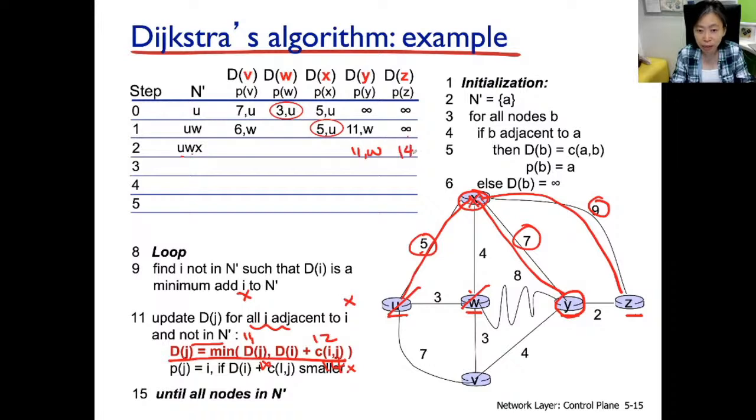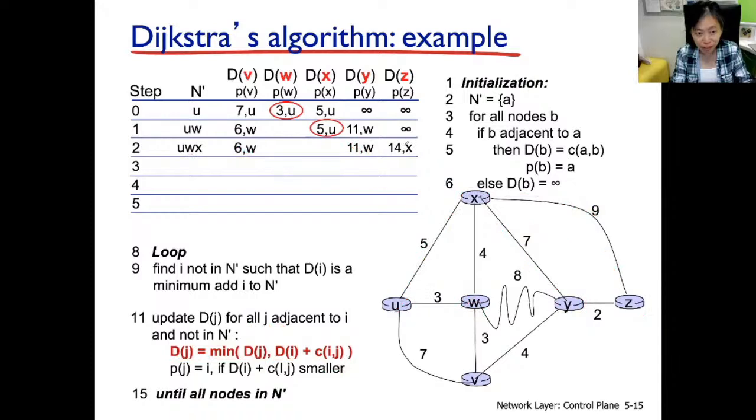So 14X here. Now, V is not even a neighbor of X, so we'll not update dv and pv at all. And that's why we see 6W here, 11W here, and 14X here. So this is the second iteration in the loop.